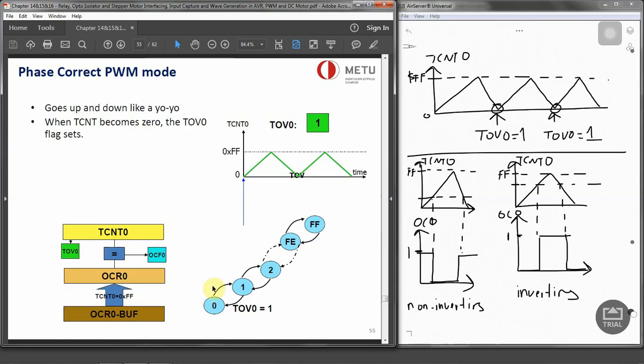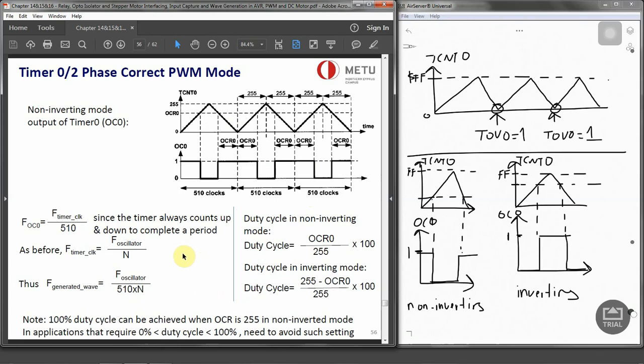And as I already said, it goes up and down like a yo-yo. So 0, 1, 2 up to FF, then down to FE, and so on to 0. And whenever it reaches 0, it sets the timer overflow flag. And similar calculations we have got for phase correct PWM.